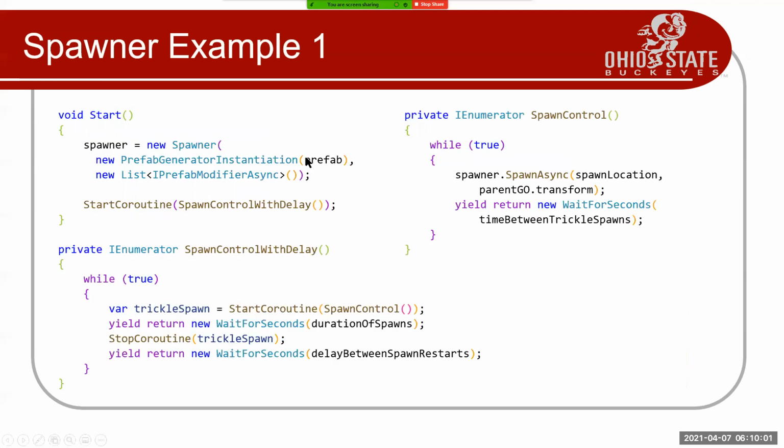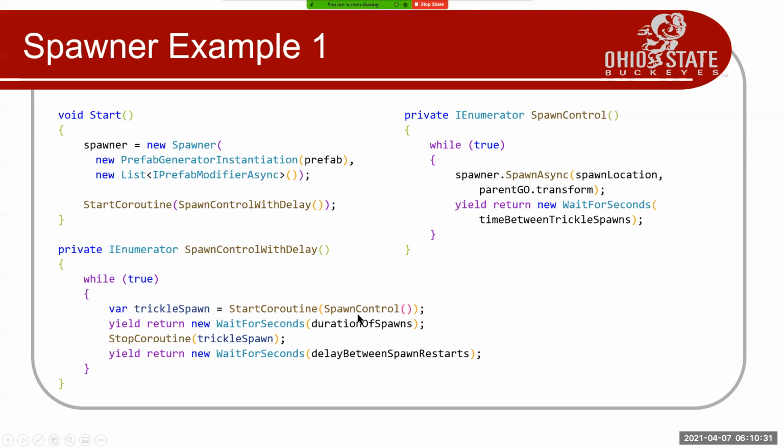This uses a spawner framework that we have implemented. But here we have our Start method. We're going to create a new spawner. You can ignore the details here, but it's going to take in a prefab. And then I'm just going to fire off this coroutine, spawn control with delay. And then I'm going to say while true, I'm going to fire off another coroutine.